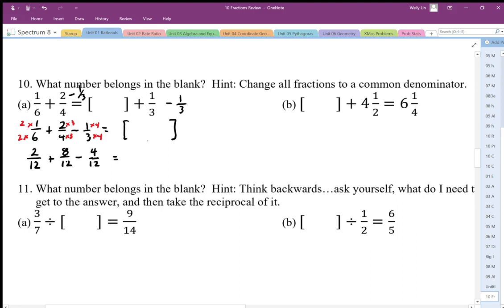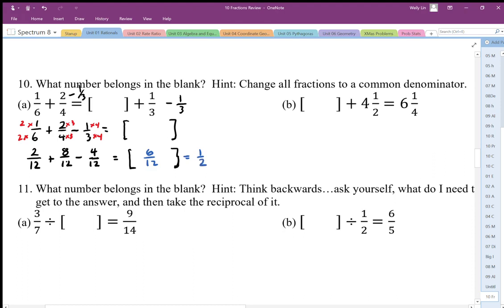And that's going to give me my unknown fraction here. And so my unknown fraction is going to work out to be 2 plus 8 minus 4, 6 over 12. And we can always simplify that to 1/2.